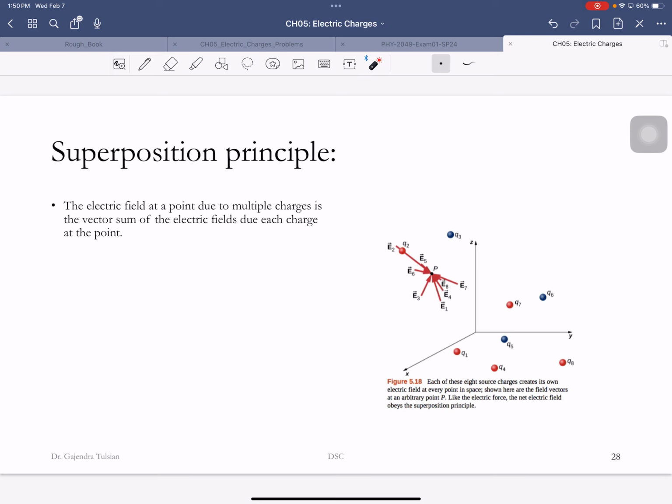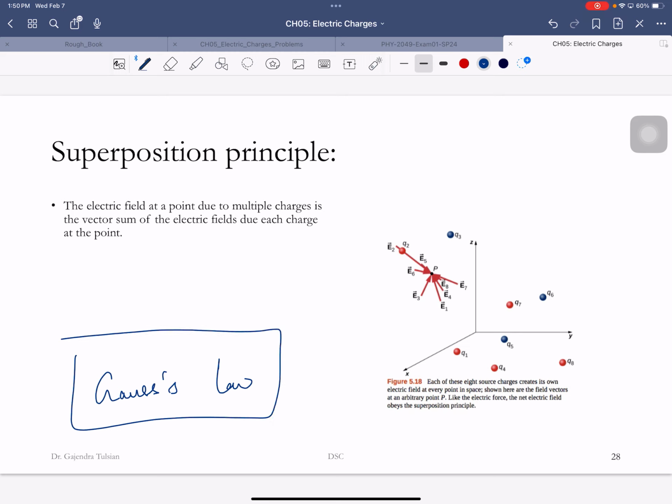So in the next chapter, we'll learn about Gauss's law, which will help us calculate electric fields in symmetric situations.